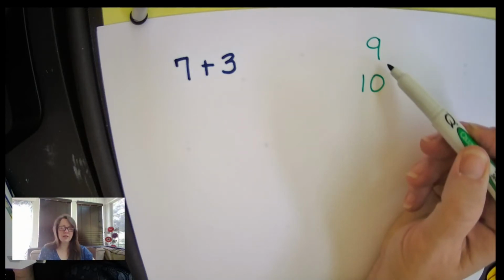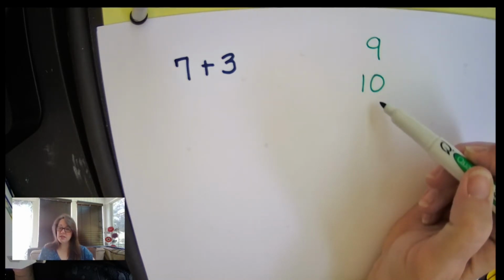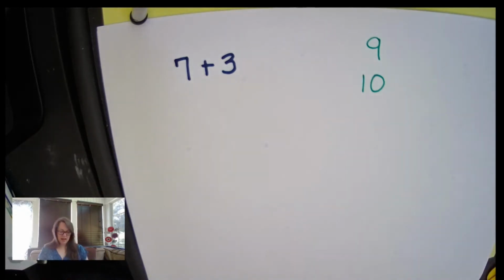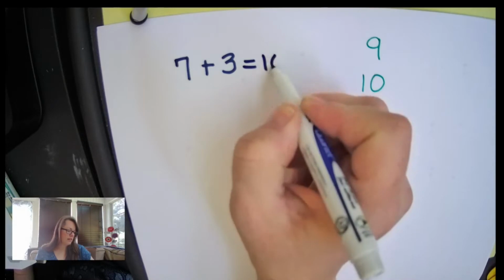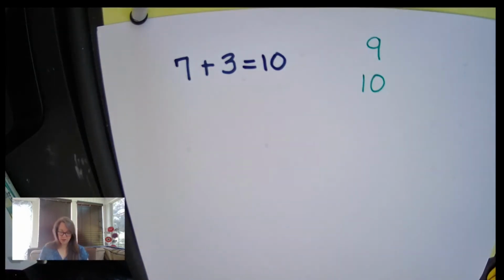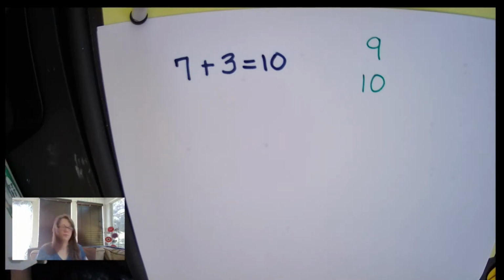Who agrees with the answer 9? And who agrees that the answer is 10? I'm seeing that a lot of you are agreeing with the answer 10. Sarah, can you tell us how you thought about this problem? Okay.